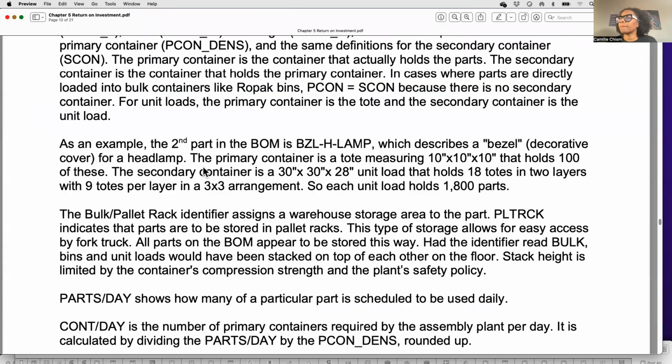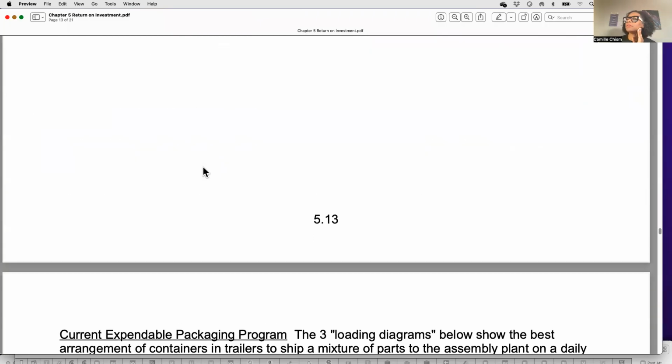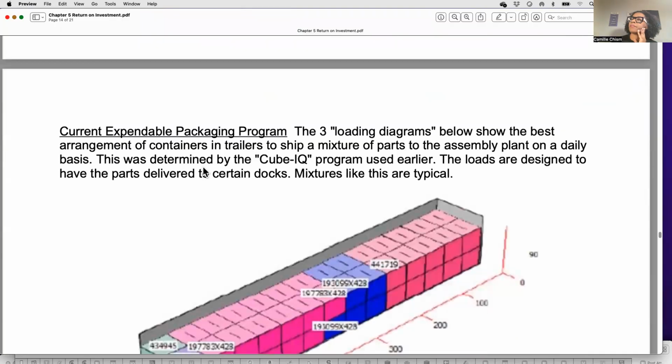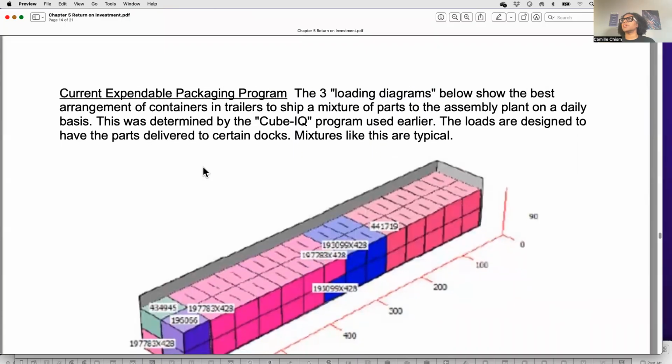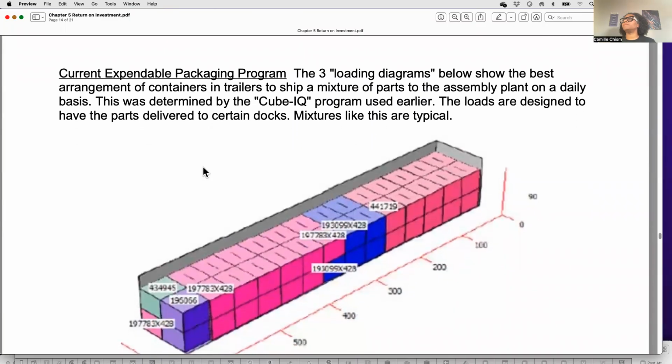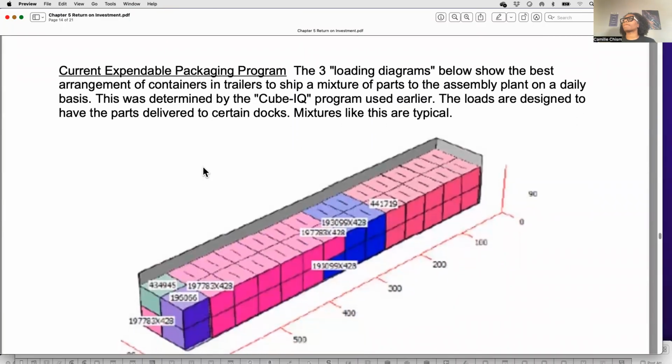Okay, so now we've got the expendable packaging program. You've got 3 different diagrams that you're going to look at, and you're going to figure out what we did before. You're figuring out which arrangement of containers is best. They use Q by Q for this.